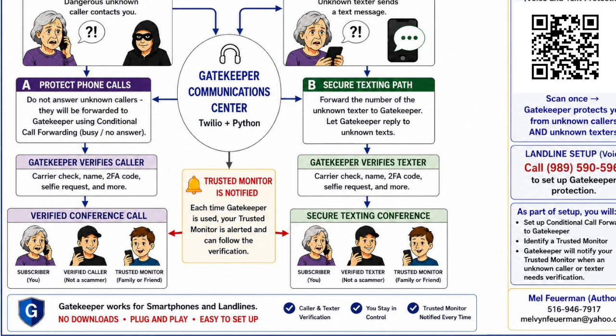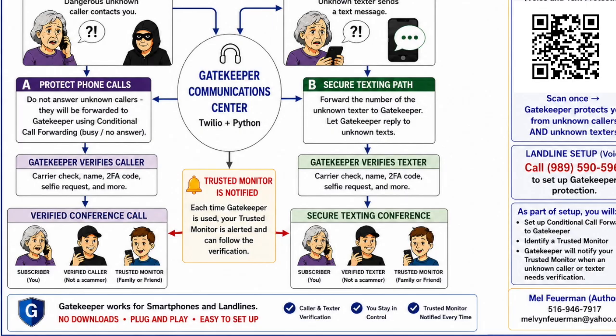And also the interesting thing about this product is that during these processes where the checking is taking place, the trusted monitor is made aware of each stage of the verification. He sees the selfie, he sees the two-factor result.